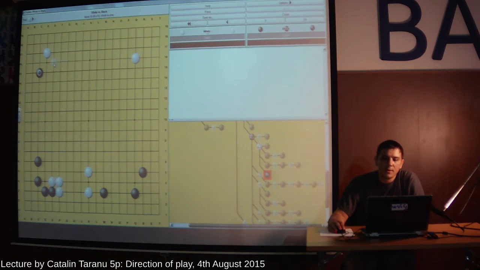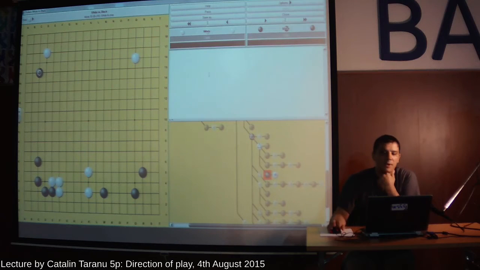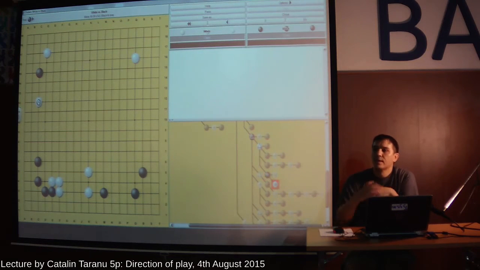Against this, most likely white will answer in a solid way, because white is not interested in the left side. So a dumb player feeling here would be to play this kind of Hasami. This kind of Hasami shows bad understanding of direction of play, because black is so strong on the left side, it's not interesting for white to invest there.